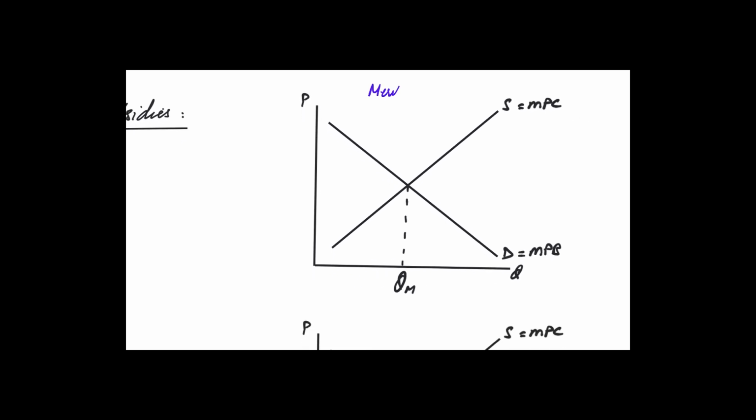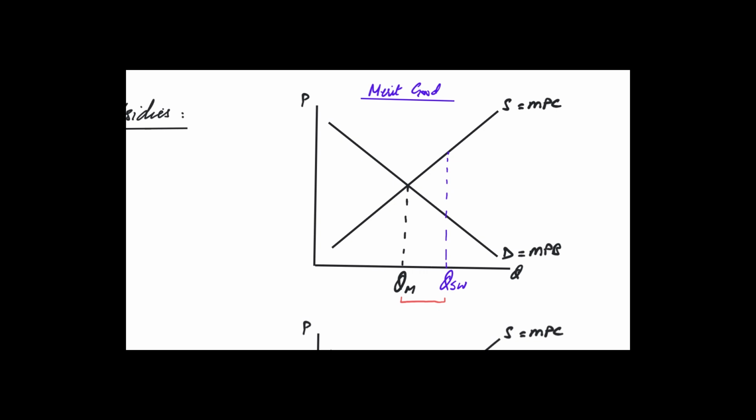This is for the merit good. With merit goods, what we know is that the social benefit is greater than the private benefit, and as a result, the social welfare quantity is greater, and so the market is failing by underproducing this good.